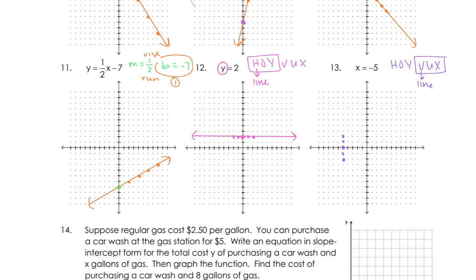Again, remember, you're supposed to have 5 points for every graph. So then I'm going to go ahead and draw my line and put arrows on my graph. So Hoy, horizontal line when it's y equals a number. Again, if you remember from the front, we wrote that this was y equals a plain number. There's no x there. This one right here would be x equals just a number.